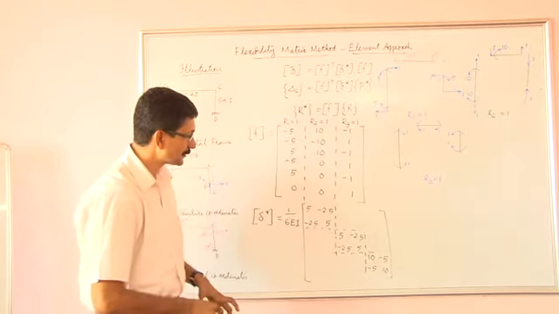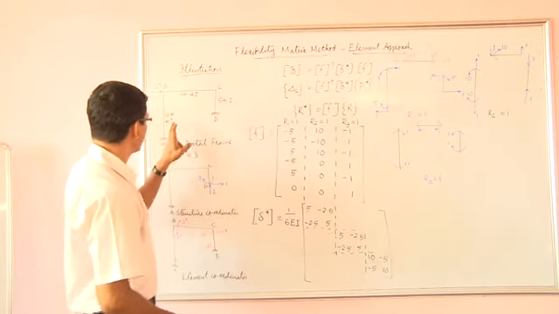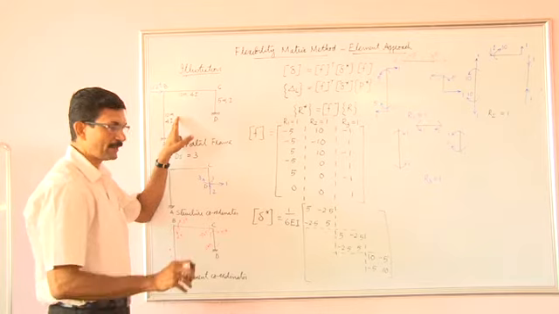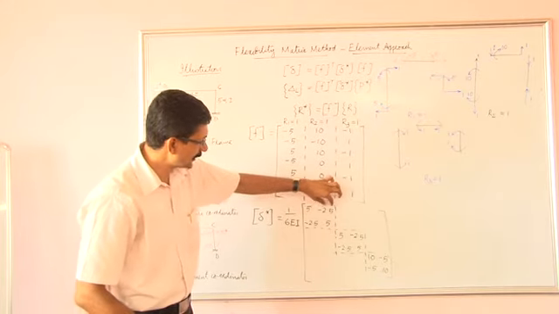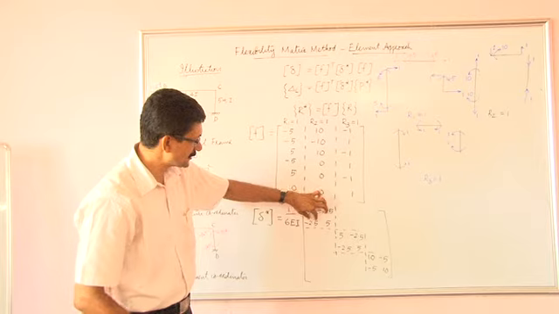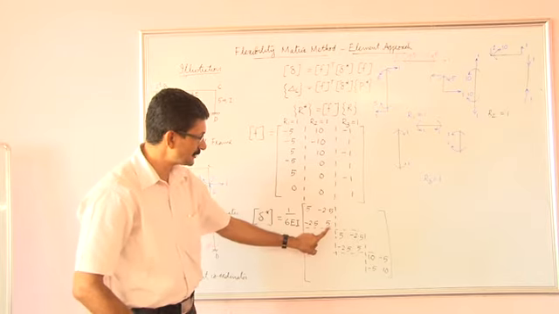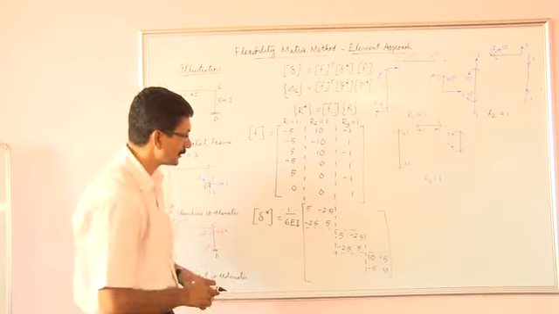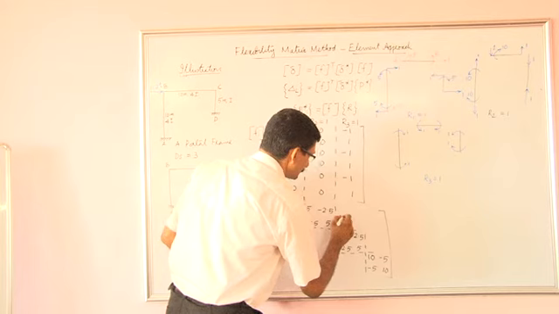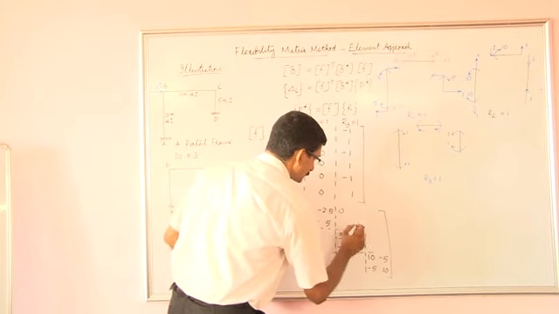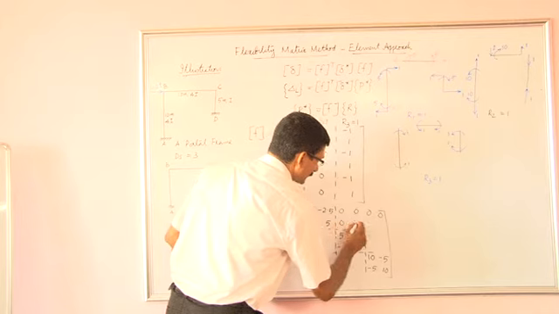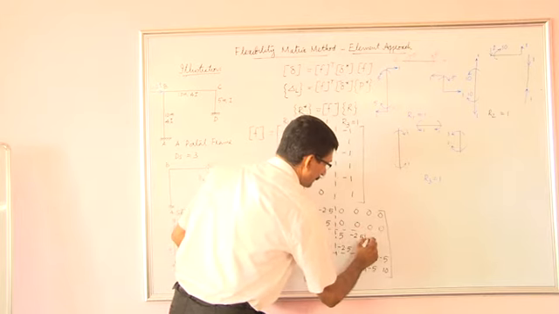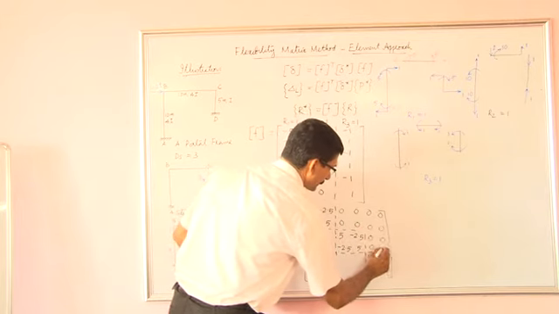It is pretty easy. Once you know the values of I and L for a span, we can develop it very quickly. The first term should be L by 3EI, second term is minus L by 6EI, this term is minus L by 6EI and this term is L by 3EI. That's all. We can develop that. All the other terms would be 0. We can fill zeros over here.